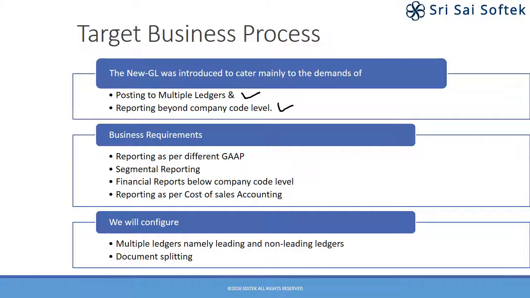So the business requirements are reporting as per different GAAP, segmental reporting, financial reporting below the company code level, and reporting as per cost of sales accounting. We need to configure multiple ledgers, namely leading and non-leading ledgers, and we also should configure document splitting, which is most important as well as a bit complex.